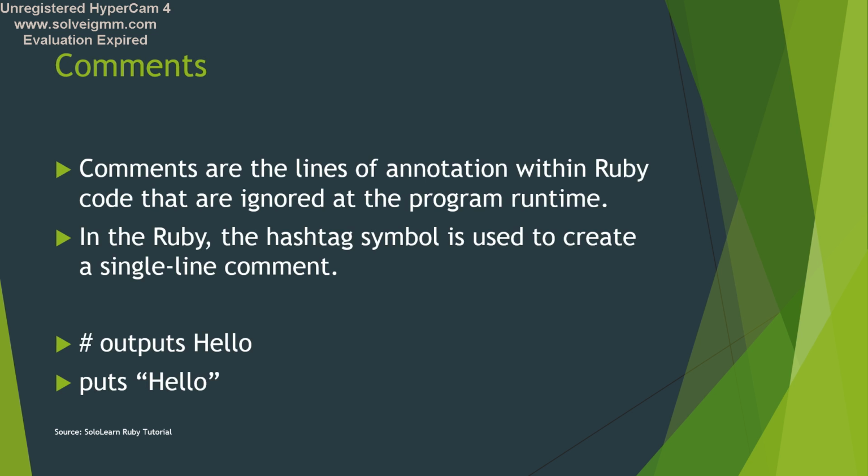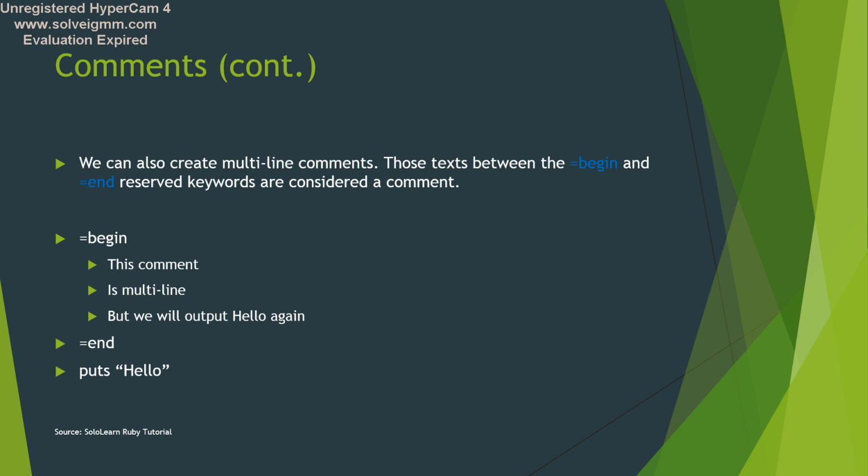Let me proceed to the comments. Comments are lines of annotation within Ruby code that are ignored at program runtime. In Ruby, the hashtag symbol is used to create a single line comment. The "outputs hello" after the puts hello will be ignored because it is trailed by the hashtag symbol.